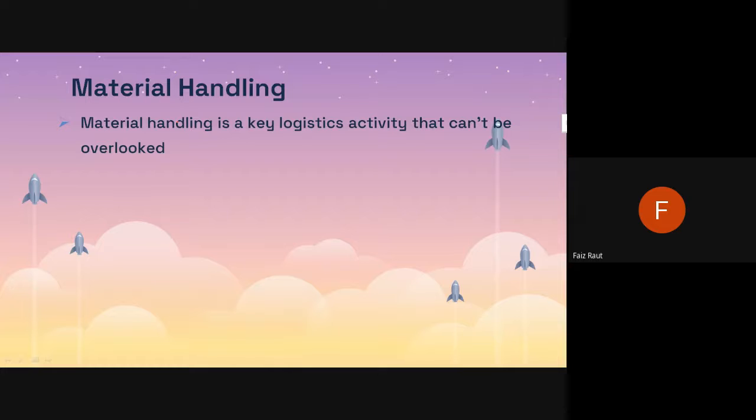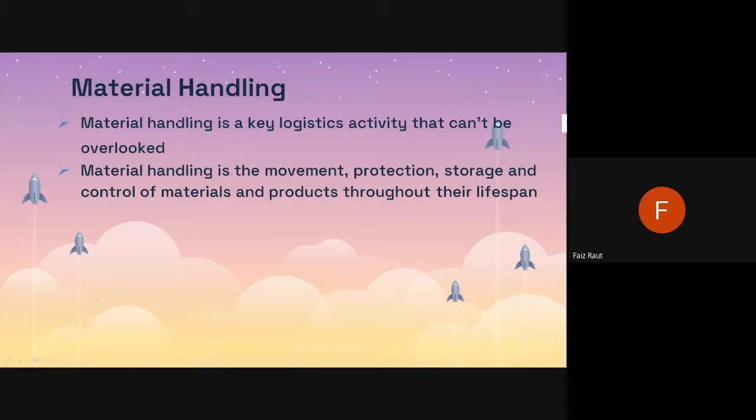It cannot be overlooked. Handling involves everything: movement of the products, the protection of the products, the storage and control of the material and the products throughout their lifespan. Whenever the customer is satisfied with the products, only then you can say the material has been handled properly.